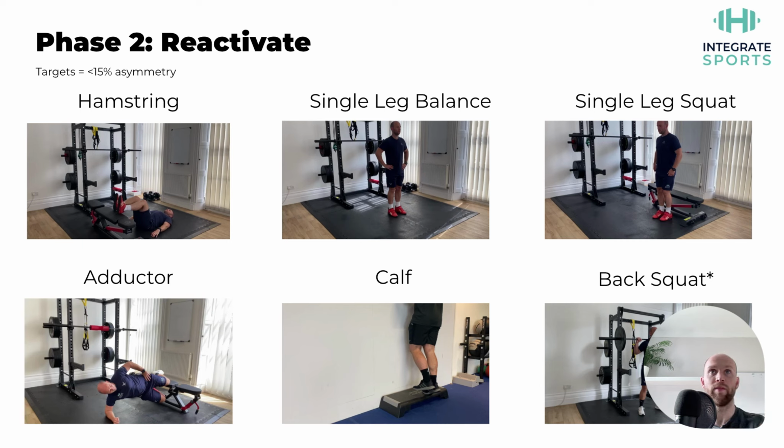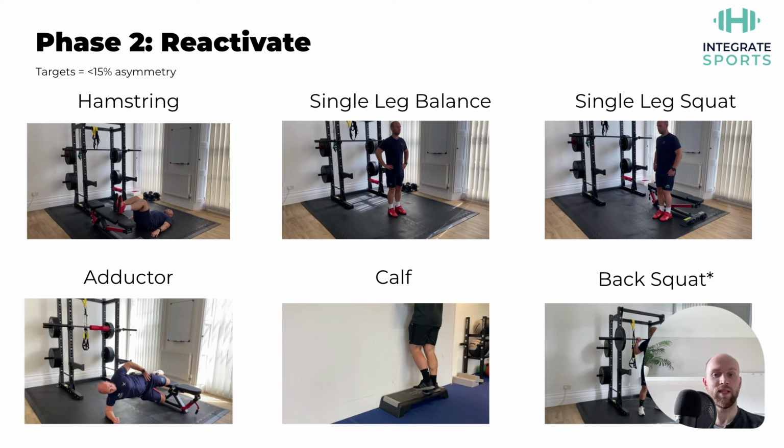An example of this would be hamstring capacity through things like a single leg bridge, single leg balance, single leg squat to a box, some adductor strength development, massively important for knee stability and control, calf, which supports the knee enormously, and then some lower body maximal strength scores like a back squat, or ideally something like a single leg press where you can isolate the knee without any axial loading or other variables that are going to contribute to that force production.